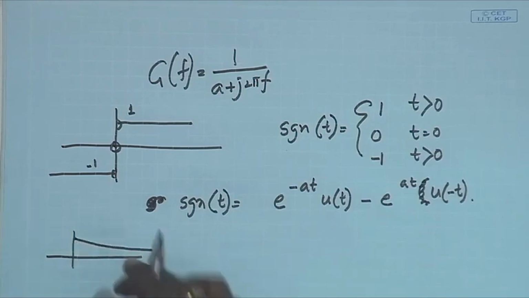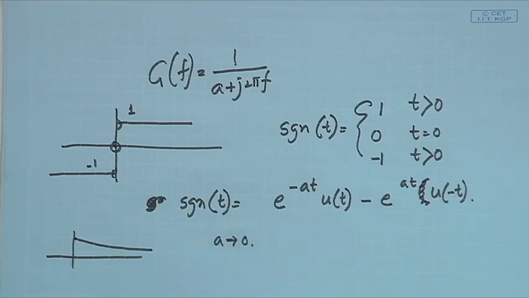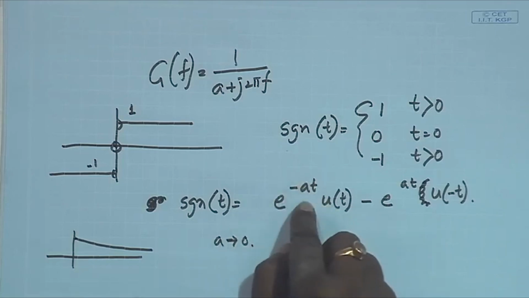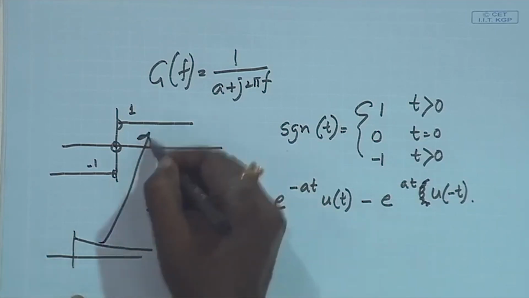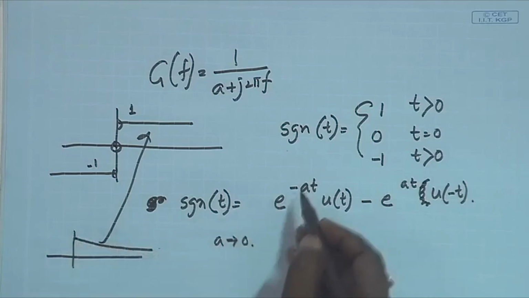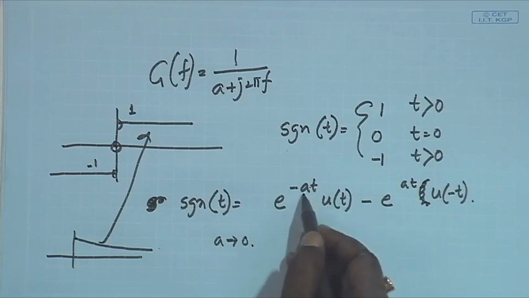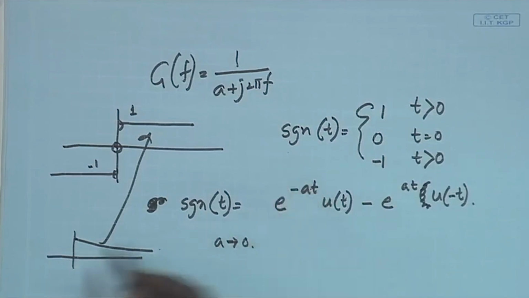Now, if a tends towards 0, this particular value will almost become 1, and this will almost mimic the positive half, because the slope of this exponential decay will be very small. So, for every value, because a tends to almost 0, this will always become 1. It will be very slowly decaying, and it will almost mimic these things.